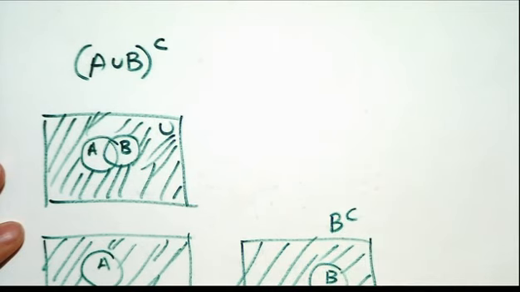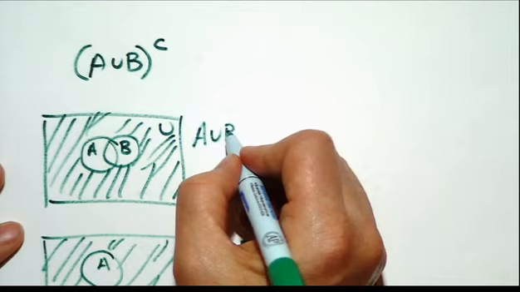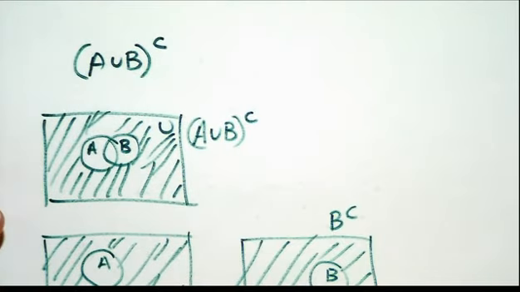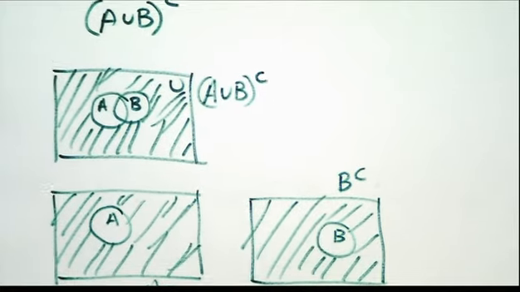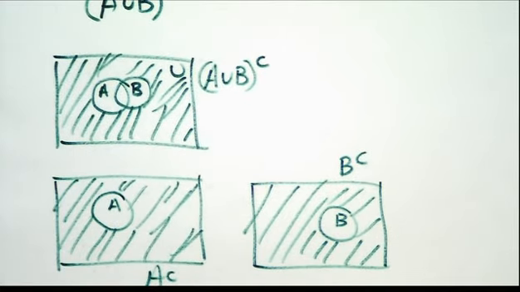This is B complement, that's A complement. This is A union B complement. Can I figure out what A union B complement is from A complement and B complement?